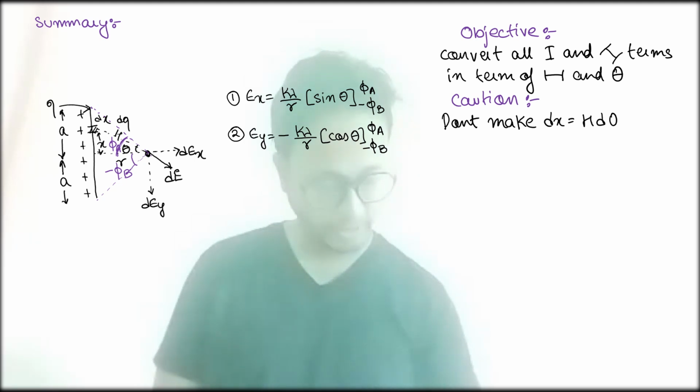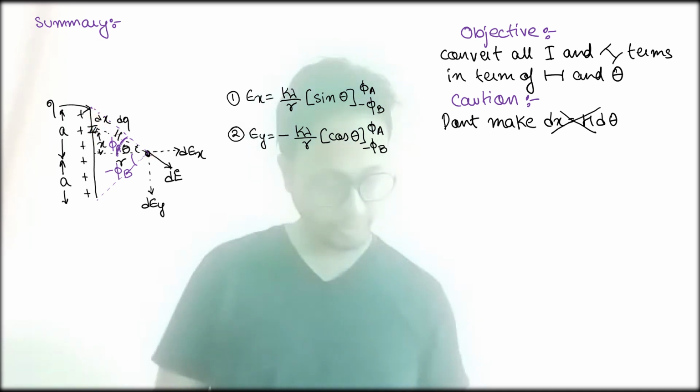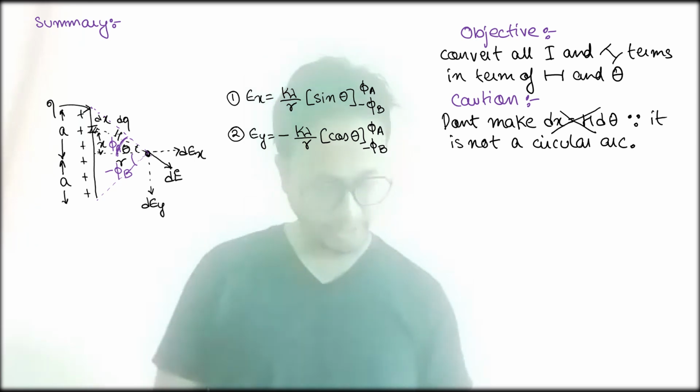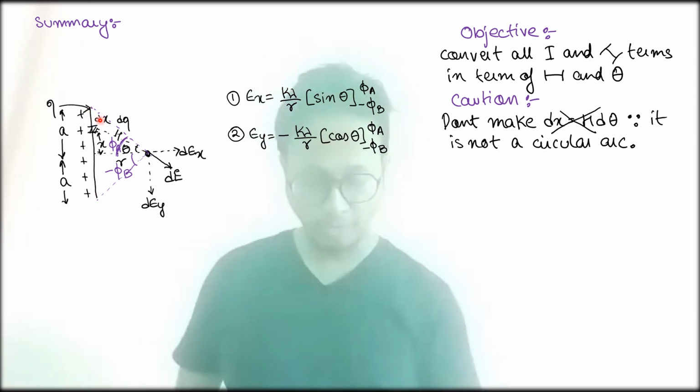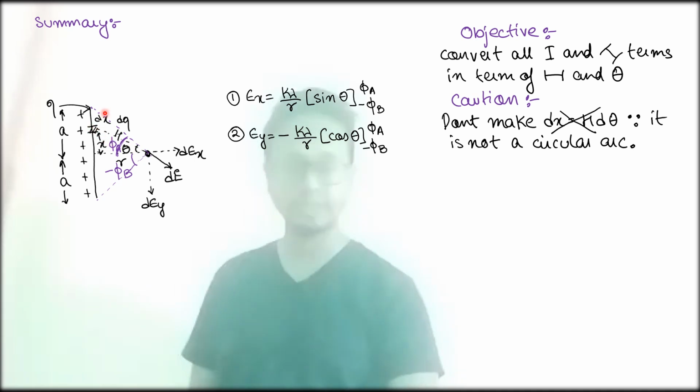That approach is wrong. You cannot make dx equal to h into d theta. Why? Because it is not a circular arc. This line is not a circular arc. Therefore, you cannot make this dx element into h into d theta.